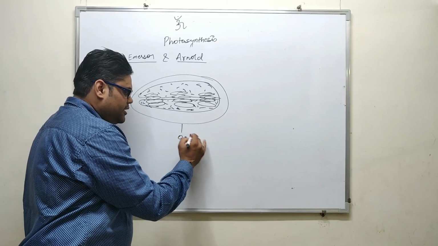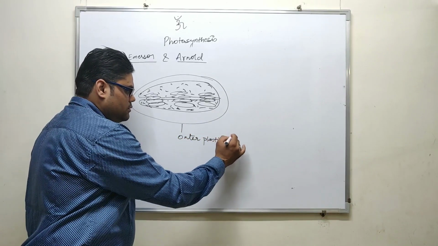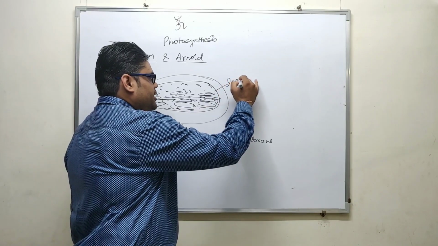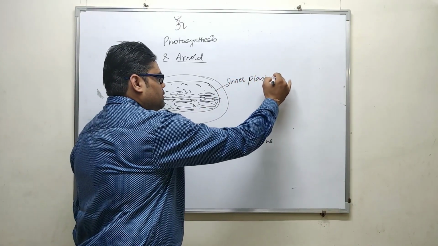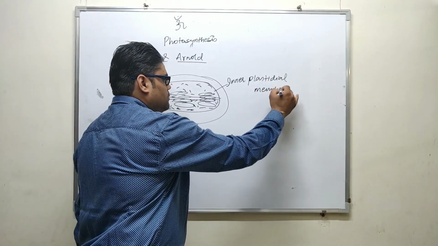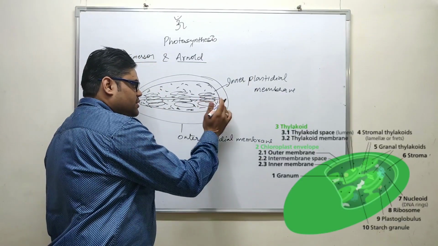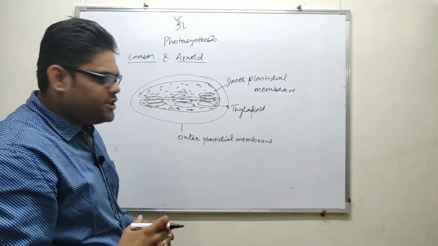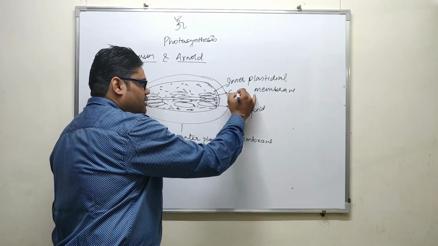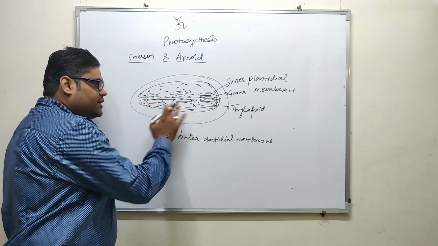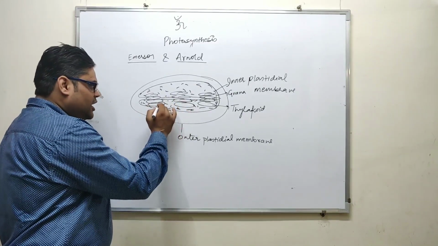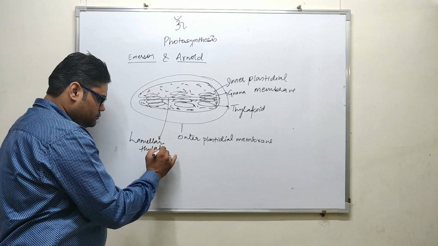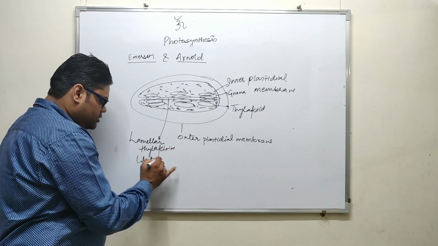This is the outer plastidial membrane, this is the inner plastidial membrane, this is a thylakoid, and this stack or pile of coins is known as grana. Then there are the intergranal thylakoids or lamellar thylakoids.